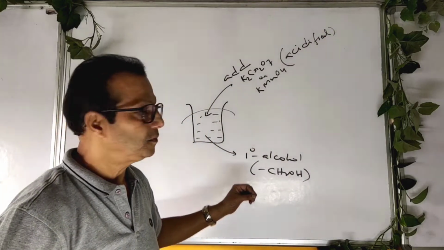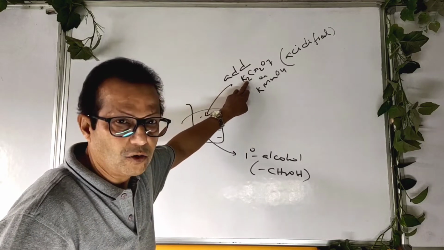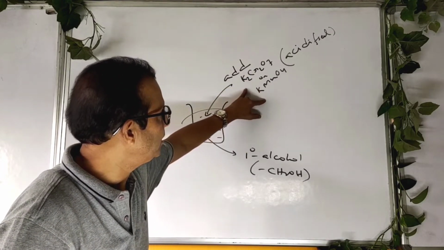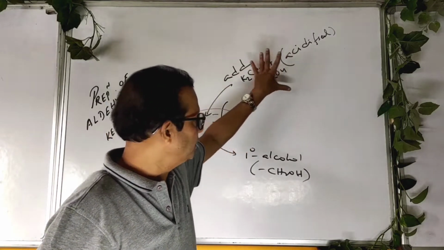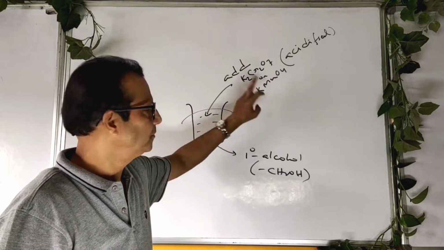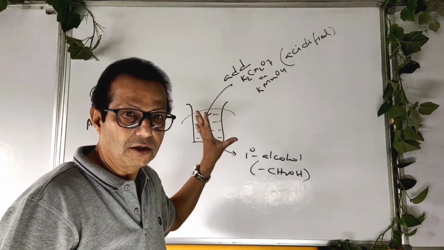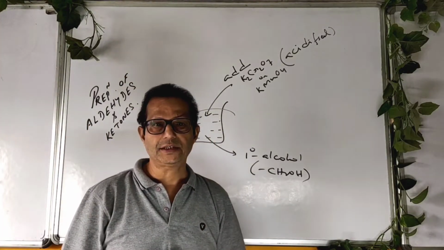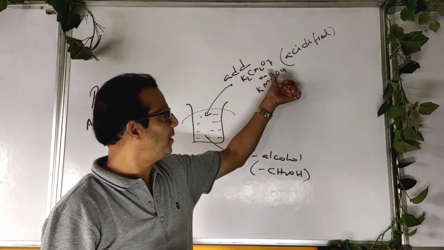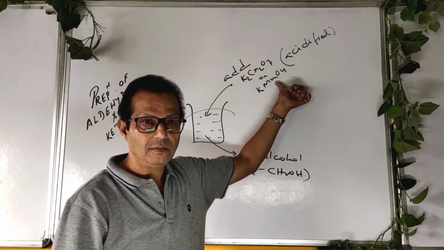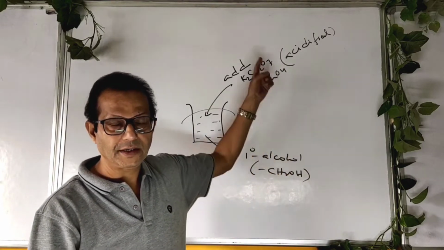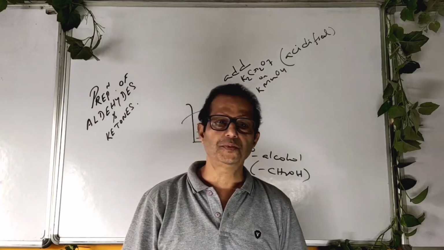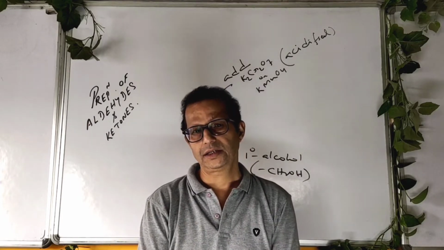Just add a little potassium dichromate or potassium permanganate, which should be acidified or alkaline in nature. What will happen? In organic chemistry, potassium permanganate and potassium dichromate are very useful oxidizing agents.